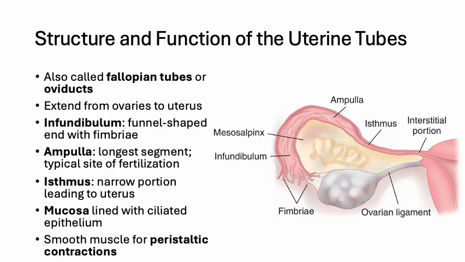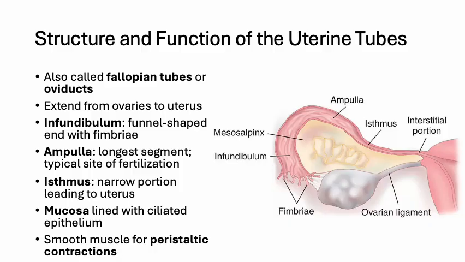The uterine tubes are muscular, ciliated passageways that connect each ovary to the uterus. They don't physically touch the ovary, but the funnel-shaped infundibulum with its finger-like fimbriae helps guide the ovulated oocyte into the tube. The ampulla is the widest and longest segment and usually where fertilization takes place.